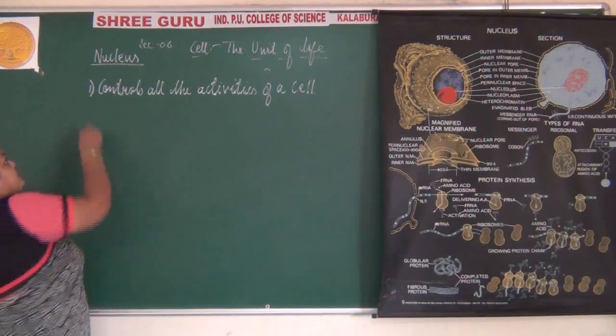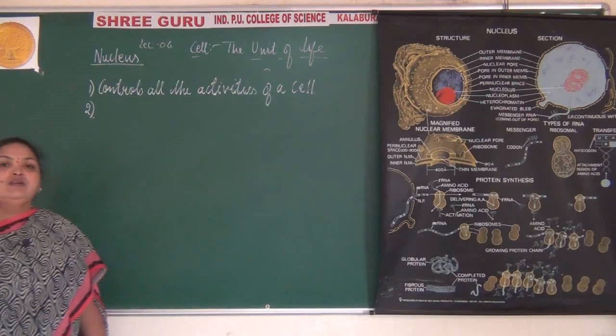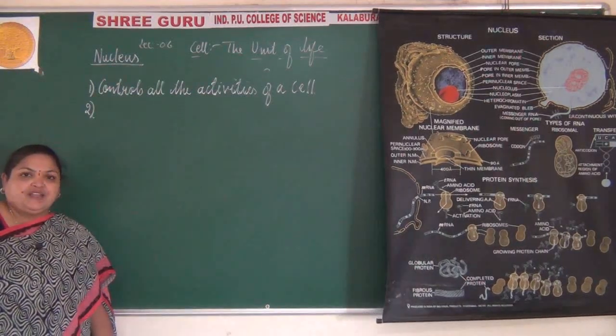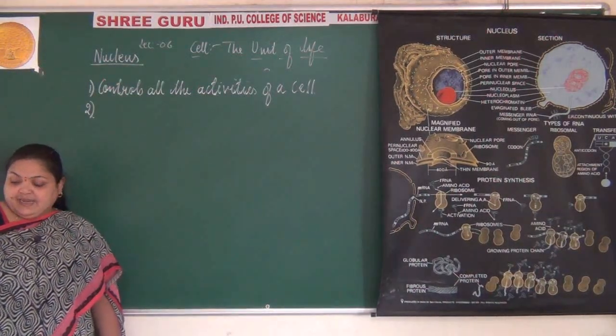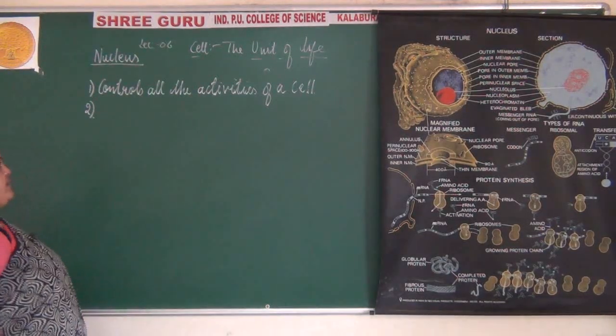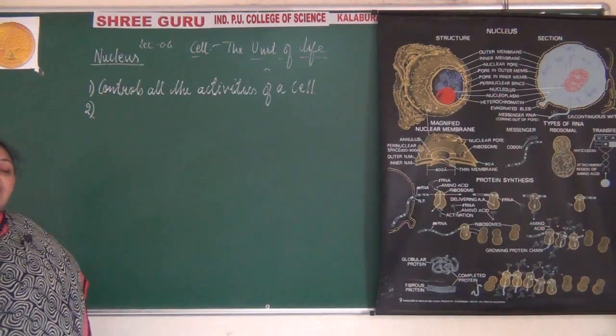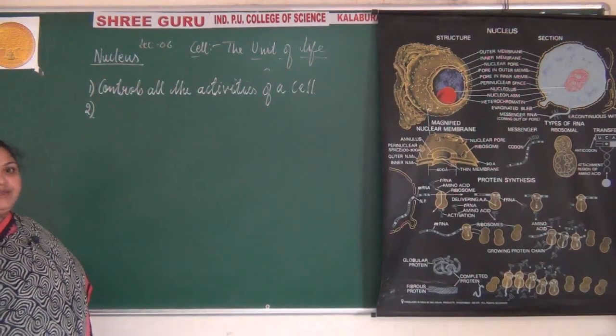Apart from that, the nucleus has the genetic material in the form of DNA. It contains the chromatin fibers, that is the DNA, which are the hereditary materials.